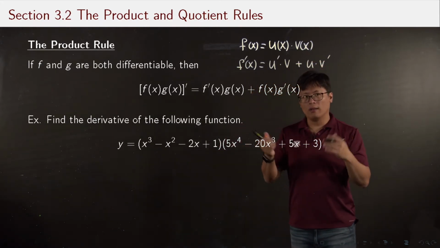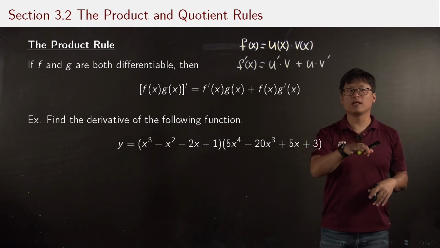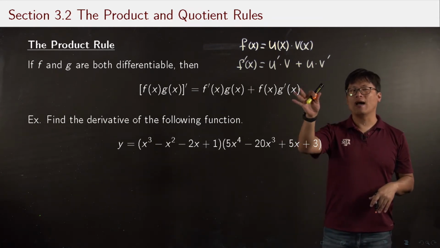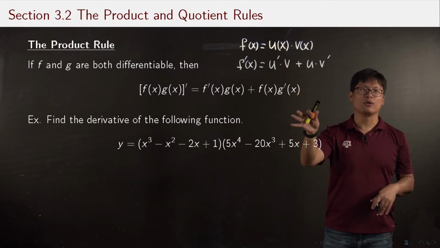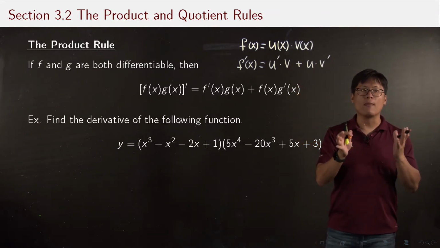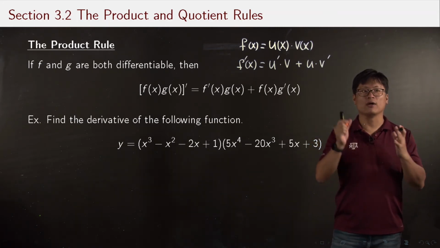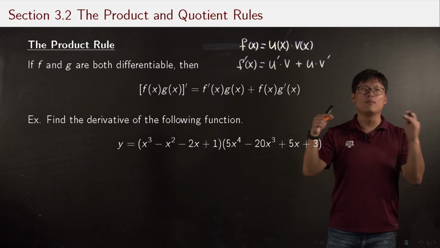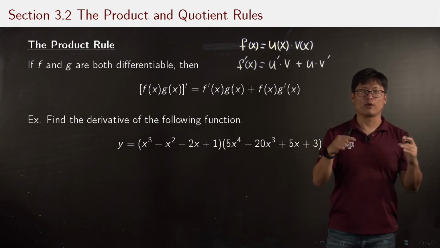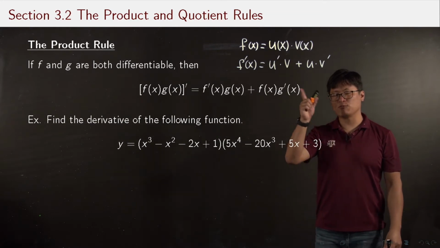It could be a little bit different order from your previous study or your textbook, but I believe this is a better order than the textbook because it is easy to remember together with the quotient rule. If you use this way, it will be in the same order as the quotient. That's why I'm going to teach you this way. So this is the product rule.